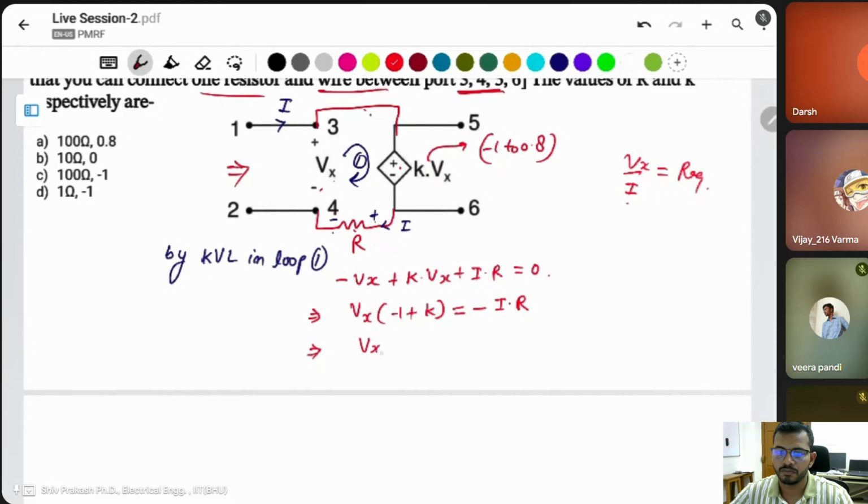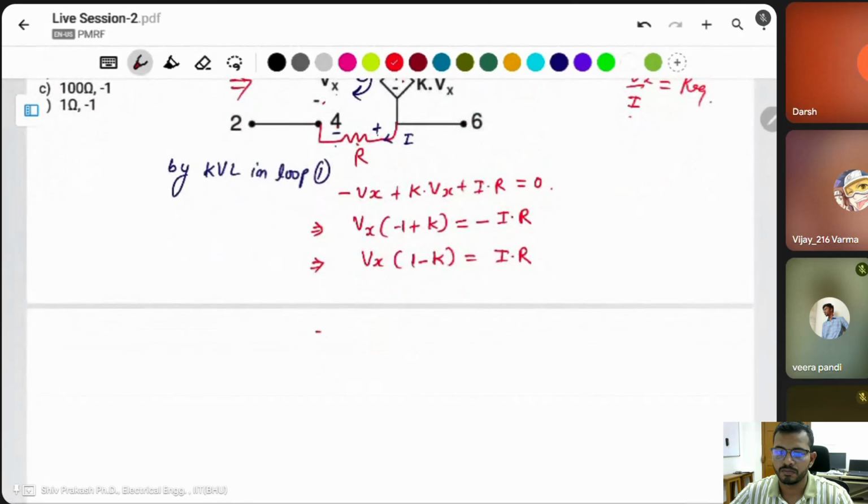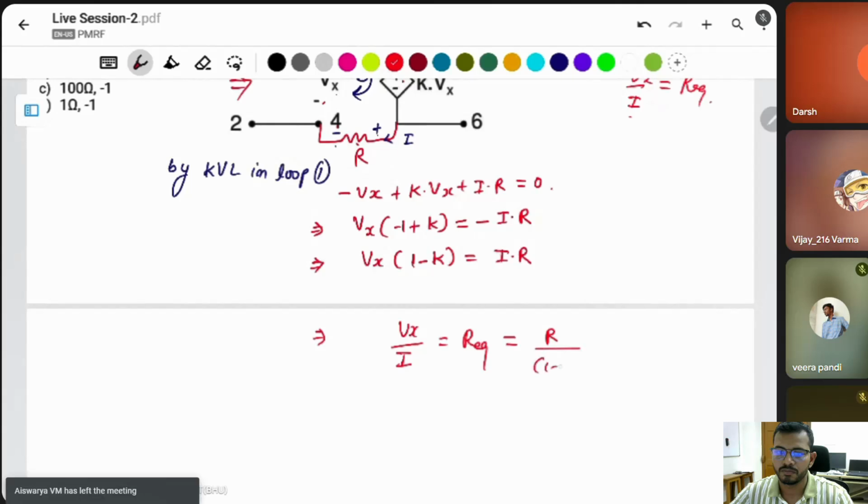Then this will be Vx times (1 minus K) is equal to I into R. Then Vx divided by I is equal to R equivalent, R divided by (1 minus K).